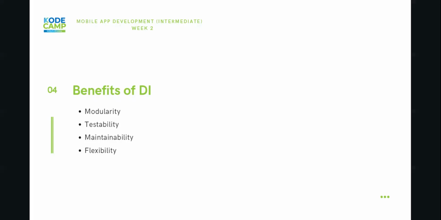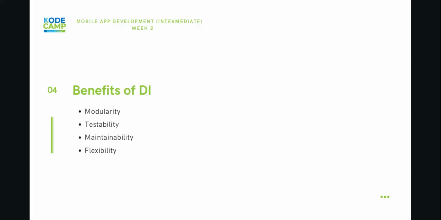Now, for testability as a benefit, when you inject dependencies, you can easily replace real dependencies with mock objects during your unit testing. We're going to learn unit testing. This allows you to isolate and test individual components. We'll definitely get to talk about unit testing in this cohort.